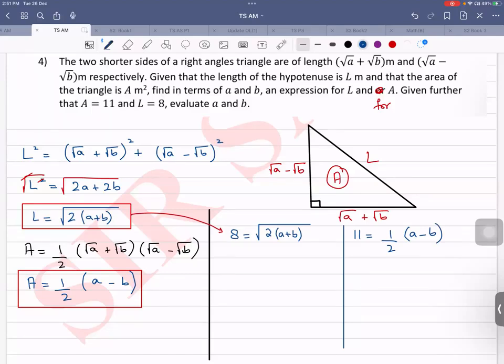We could solve them simultaneously. Yes. Let's apply squaring on both the sides to get rid of the square root.